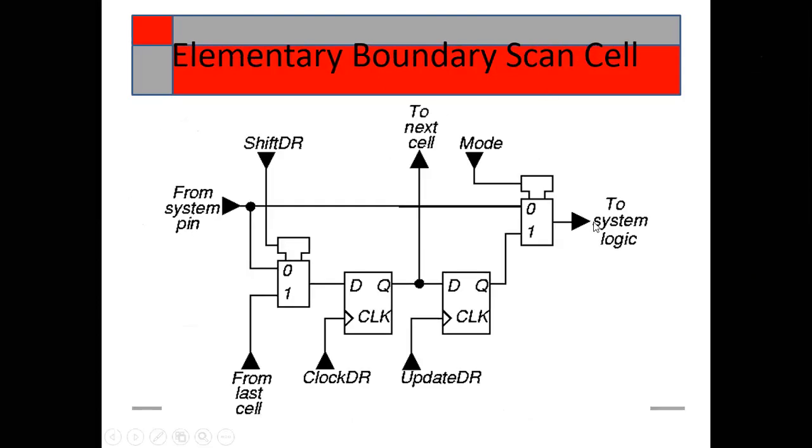Then in the elementary boundary scan, we are applying the output to the system logic, and the input is from the pins. So the shifted values from that elementary boundary scan are sent to the next cell, then the next cell, then the next cell.